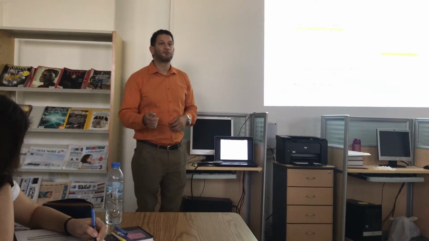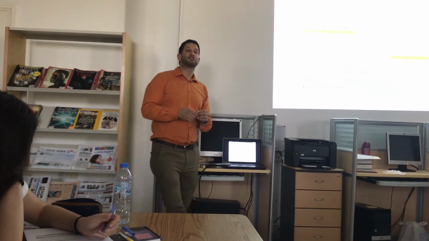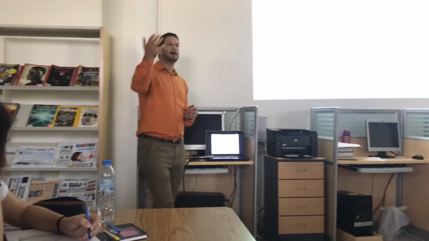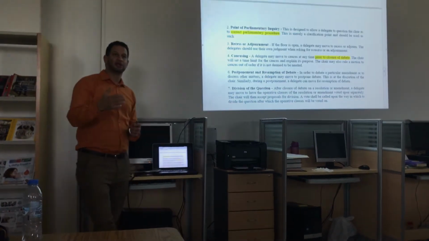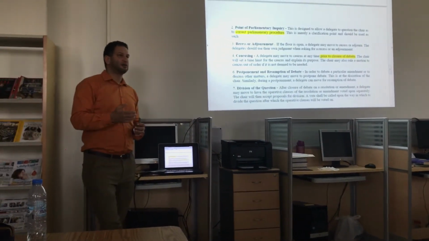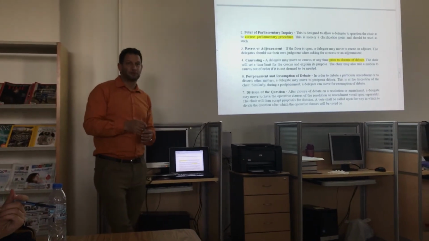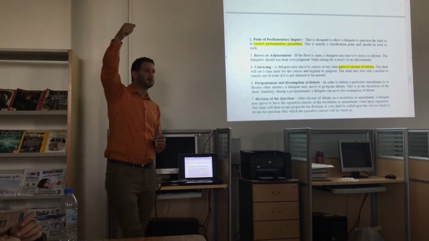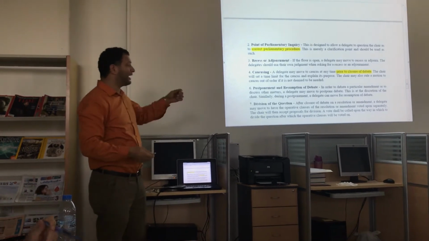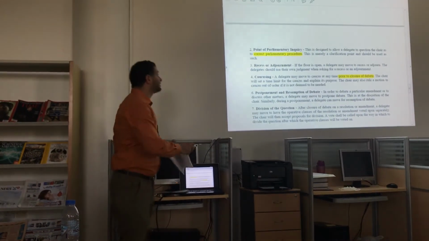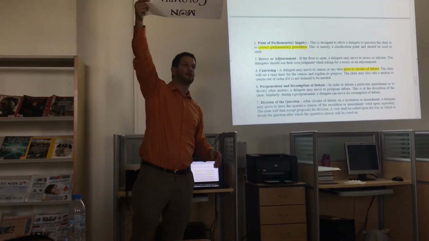No, guys. So let me just again say, if the chair, for example, granted a right to a delegate, and it wasn't right according to the rules and procedures, then you have to raise the black card, and when you are approached, you have to say the title: point of parliamentary inquiry.